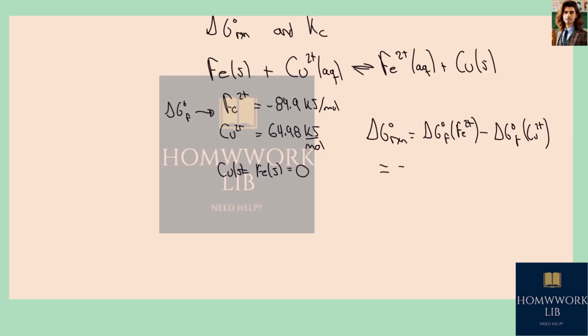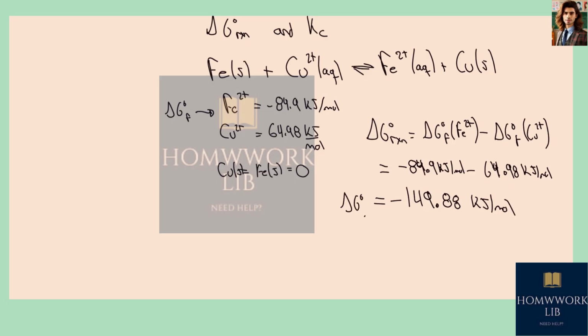So we're going to end up with minus 84.9 kilojoules per mole minus 64.98 kilojoules per mole, giving us a total value of minus 149.88 kilojoules per mole as delta G for the reaction.